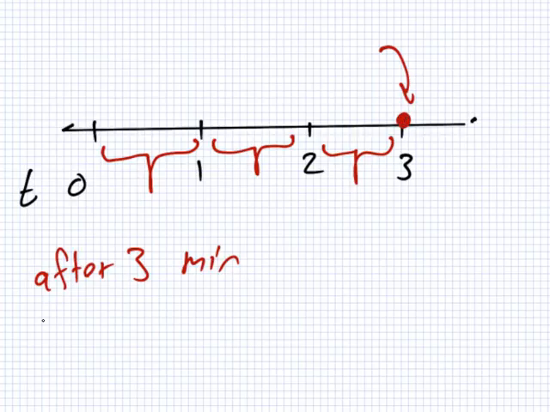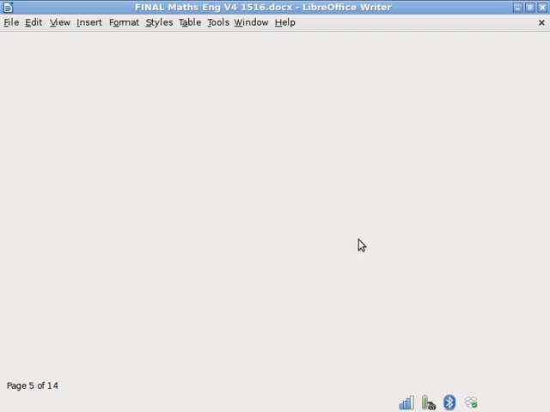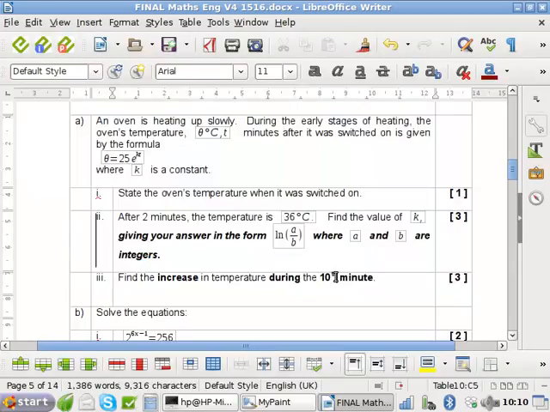If I said increase during the third minute, that means I want to know how it changes in the third minute. What happens from here to here? Can you see it says 10th minute.